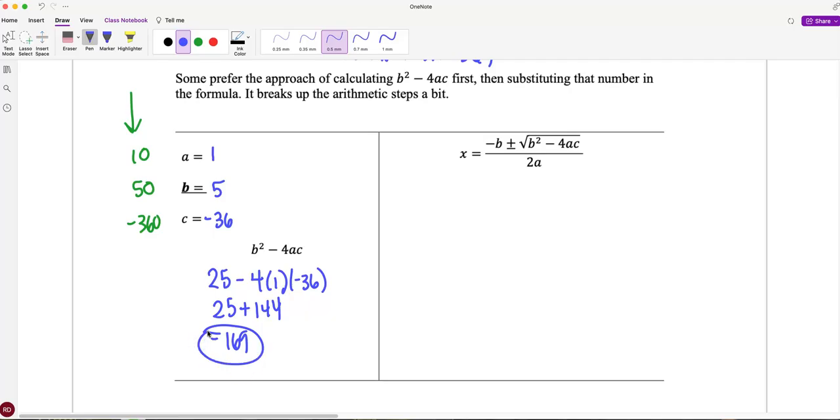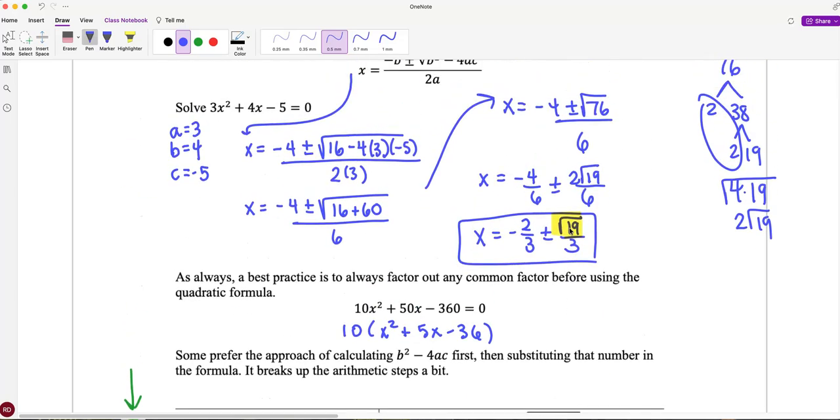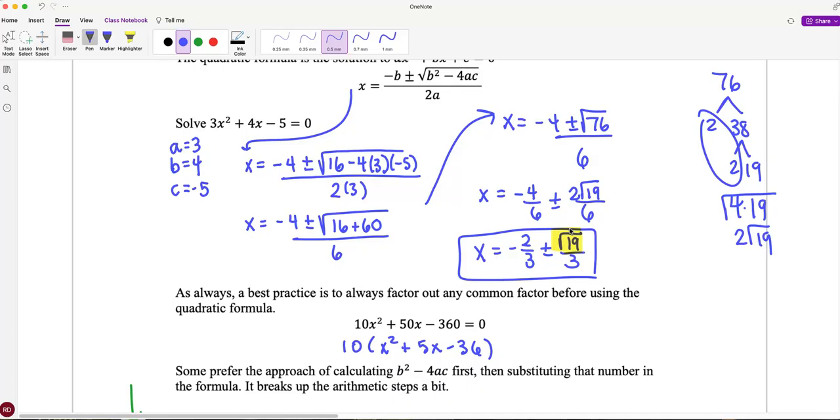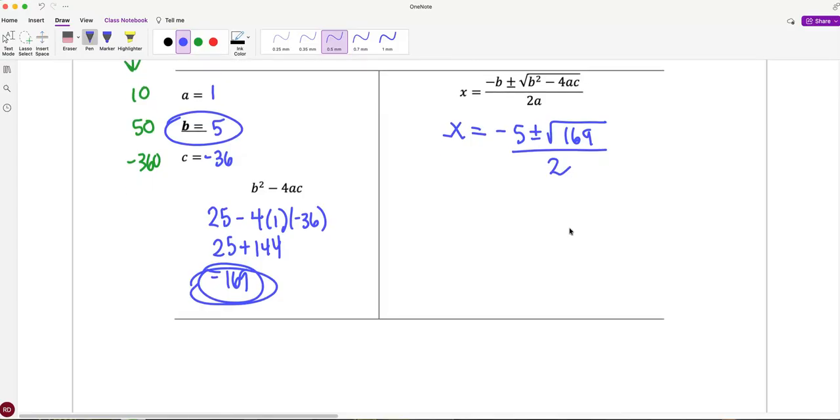So now what I can do is come over here to the quadratic formula. x equals negative b plus or minus the square root of 169, over 2a, which is going to be 2. So it just looks simpler once I've done the b squared minus 4ac and get it down to one number. It eliminates a lot of this stuff having to happen. Like I said, it's the same math, you just break it up into pieces.